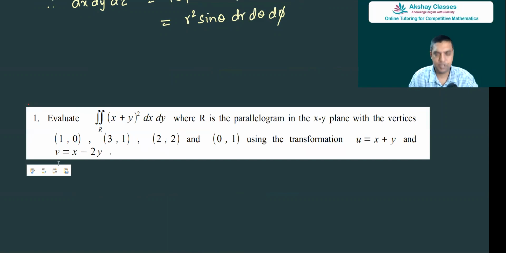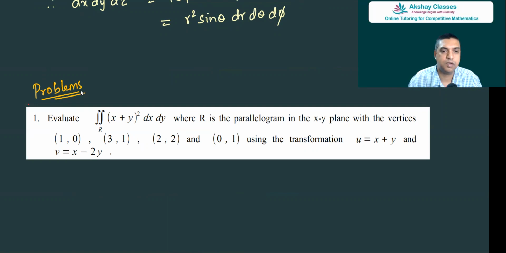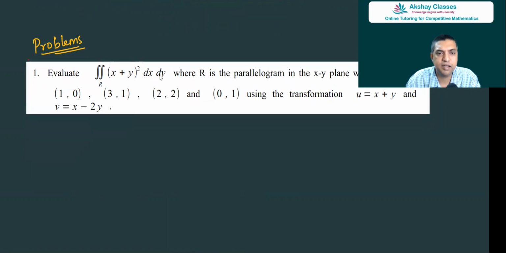So this is the first question. So evaluate this integral x comma y dx dy, where r is a parallelogram in xy plane with vertices 1 comma 0, 3 comma 1, 2 comma 2, and 0 comma 1. Using the transformation u is equal to x plus y, v is equal to x minus 2y.